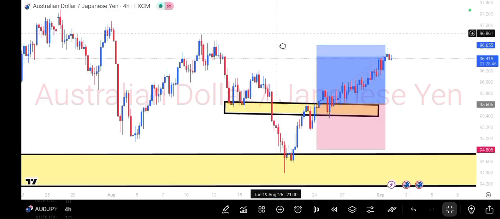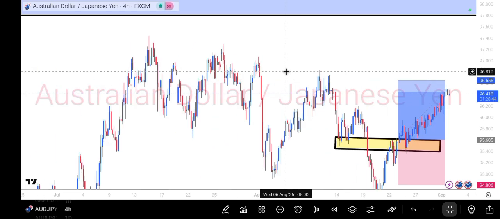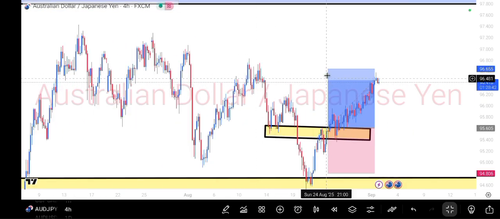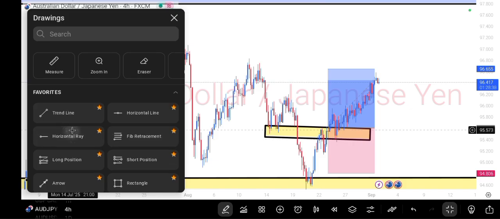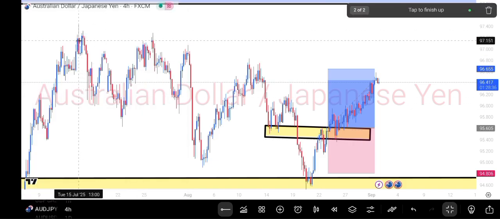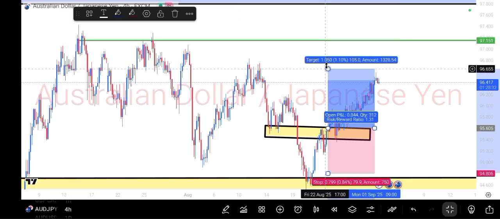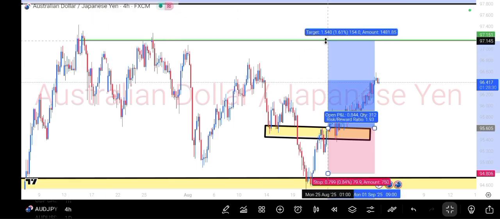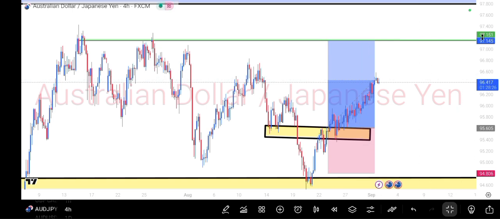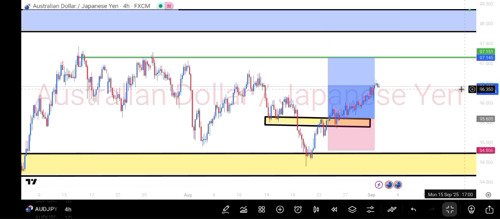Just like I always say, the 50%, the 100% retracement is where you put your first take profit level, which is somewhere here. So this is the first level target, 1 to 2 risk reward.